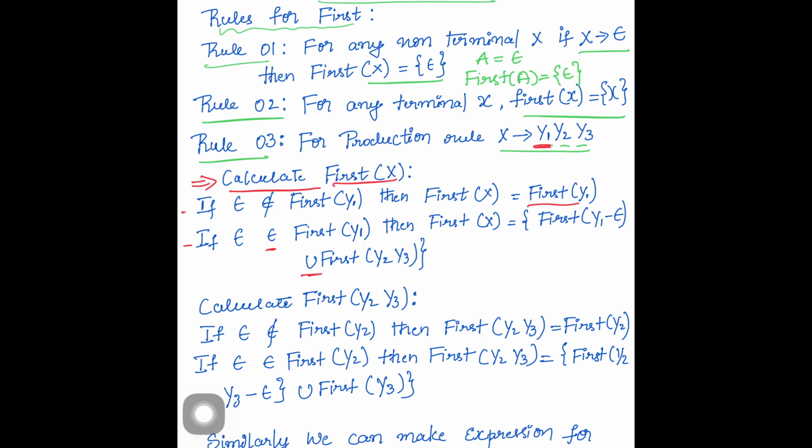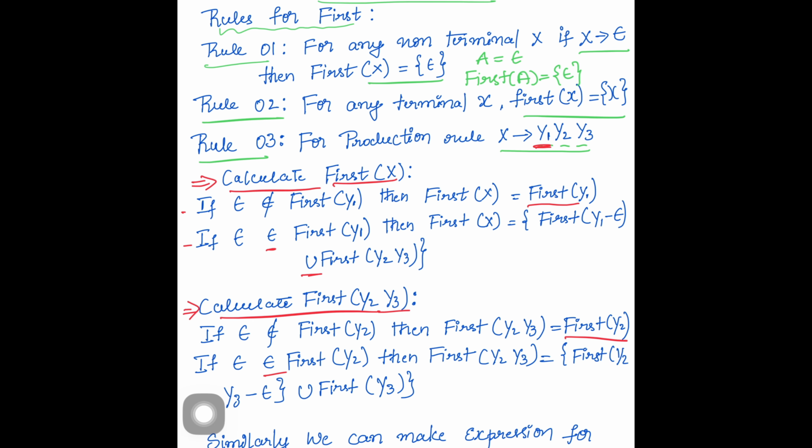Then finding first of Y2 and Y3. If Y2 cannot produce epsilon, then Y2 becomes the first symbol, so we stop here. In the second case, if Y2 can produce epsilon, it may disappear.